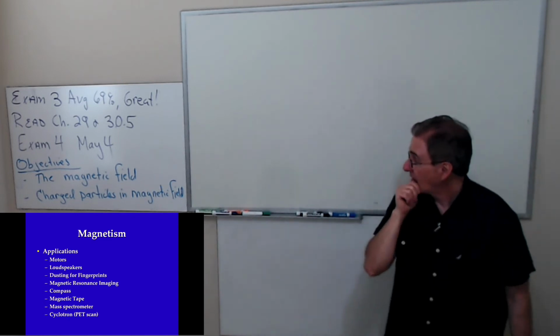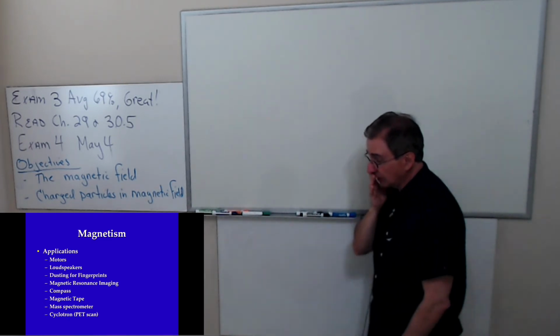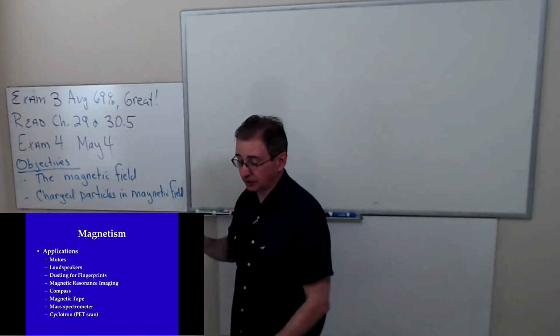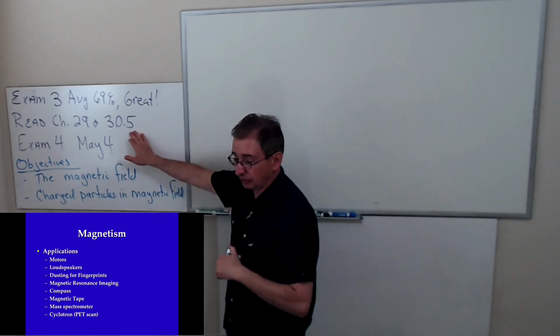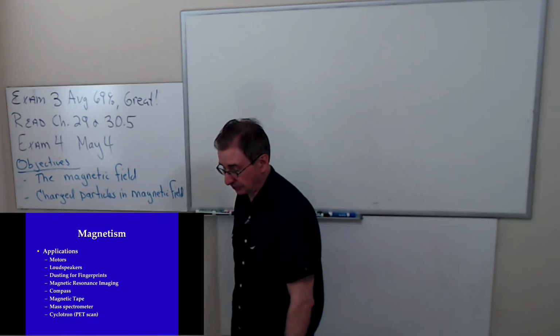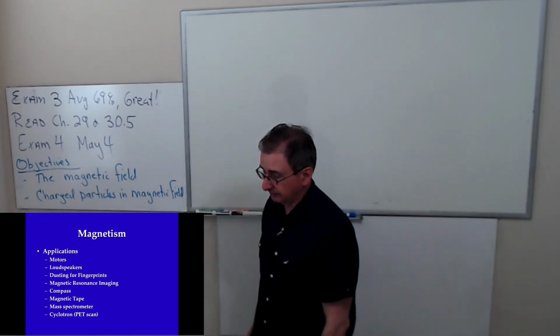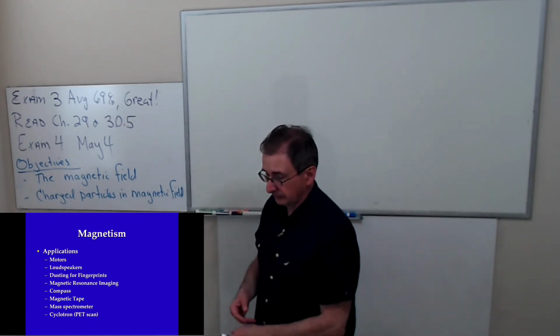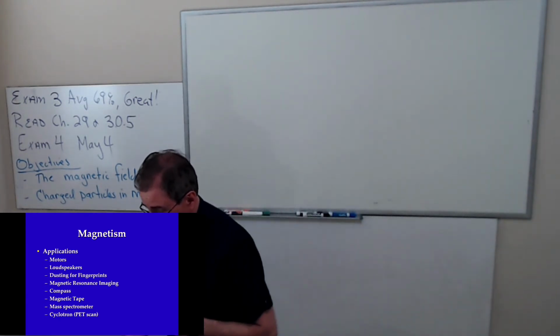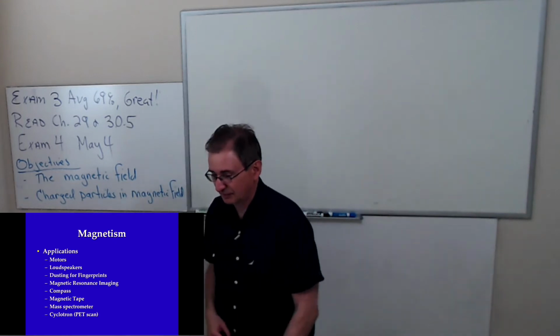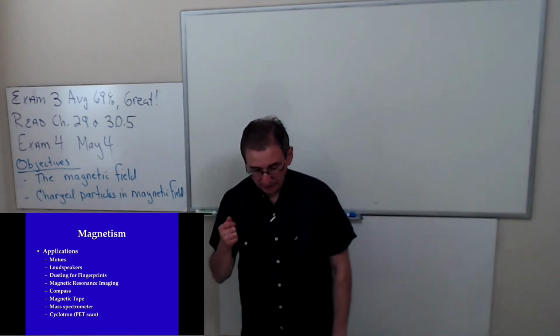Okay. All right. So read chapter 29 in your book. And there is a section in chapter 30 I would like for you to read, because I'm going to say something about chapter 30 today, just because of describing the properties of magnetic fields.